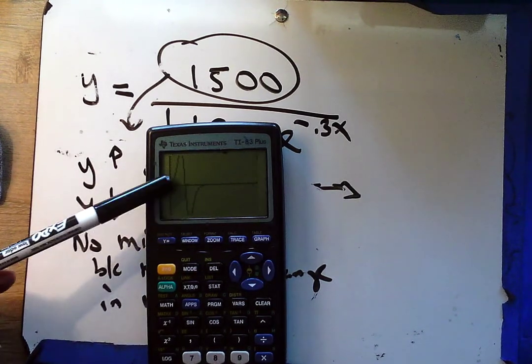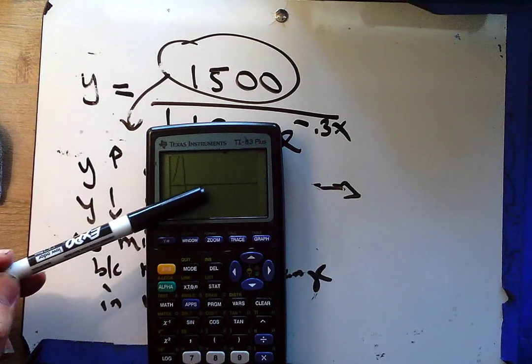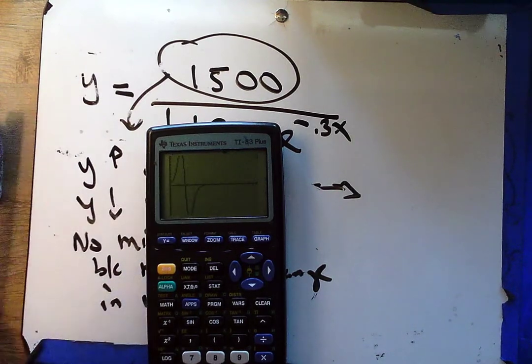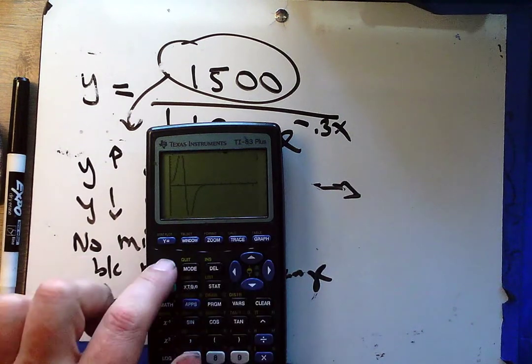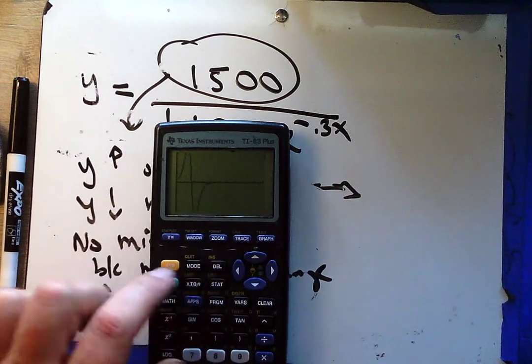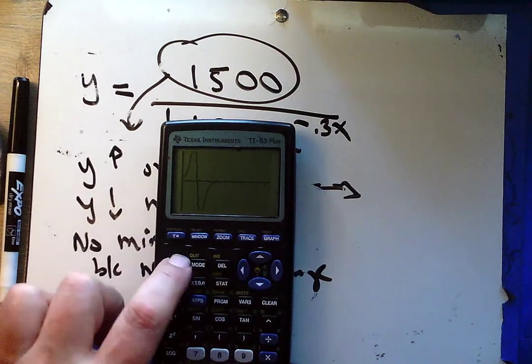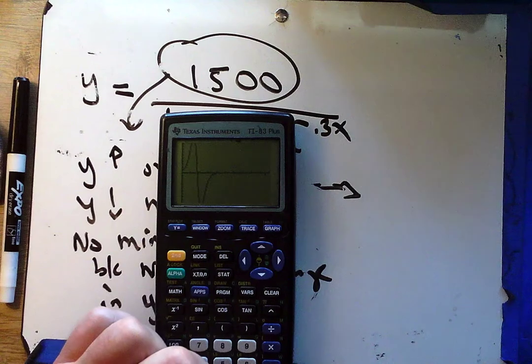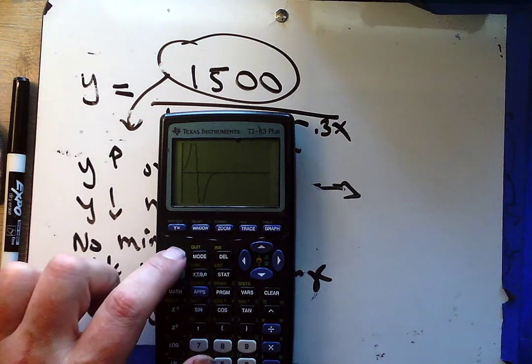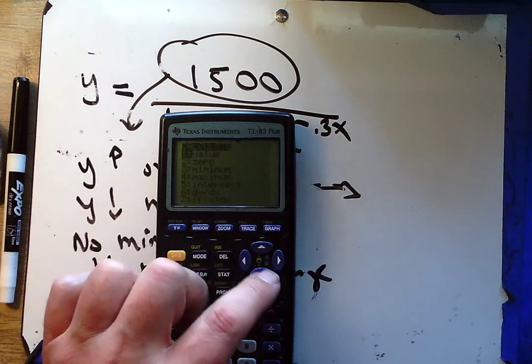At this point, where we change from y double prime positive to y double prime negative, this point is our inflection point. So if we do second, calculate, mashing the wrong buttons. Second, calculate, 0.